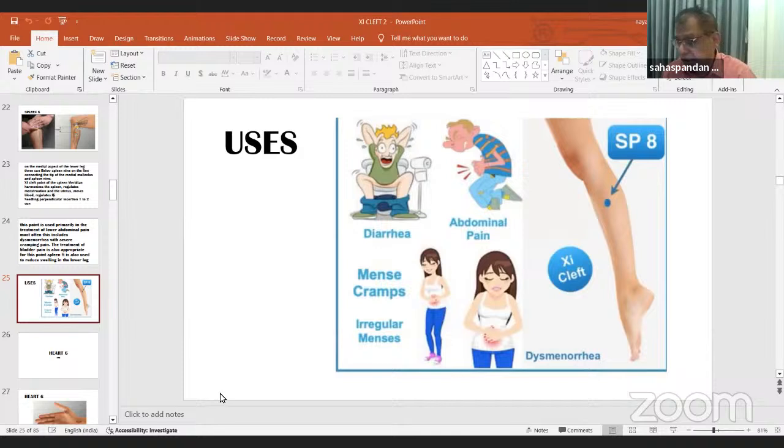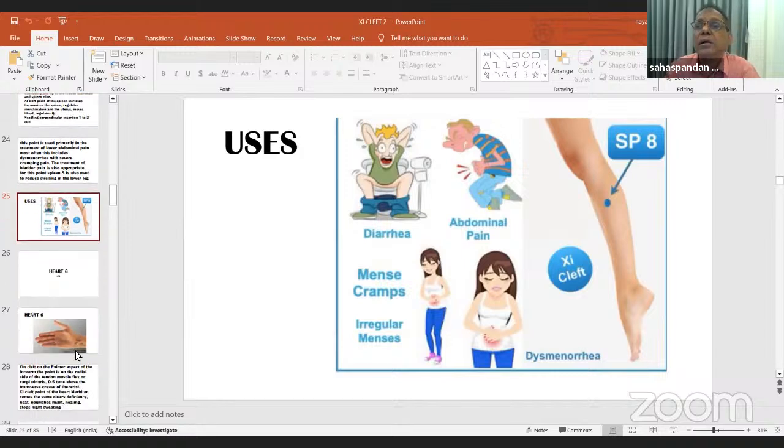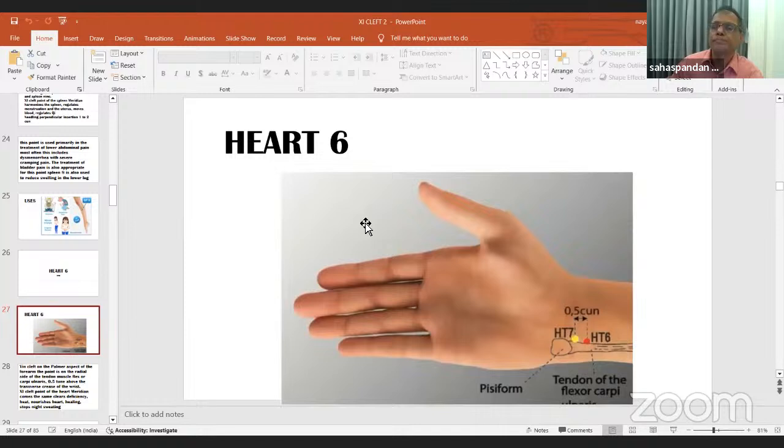Now, our next point is heart 6. Very important.